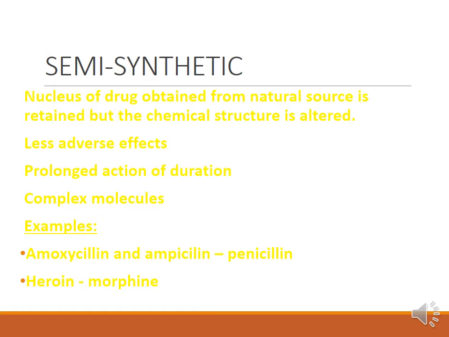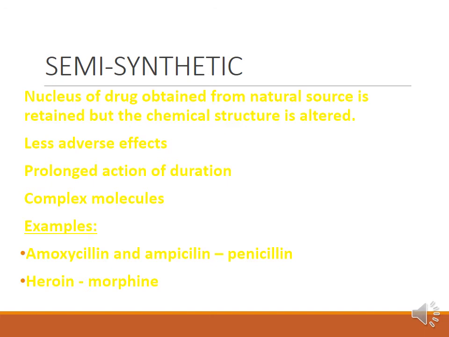We use one active part of natural and then keeping the natural shape with slightly altering the chemical base of the product. So, nucleus of drug obtained from the natural source is retained, but the chemical structure is altered. इसका करने का क्या फायदा होता है?